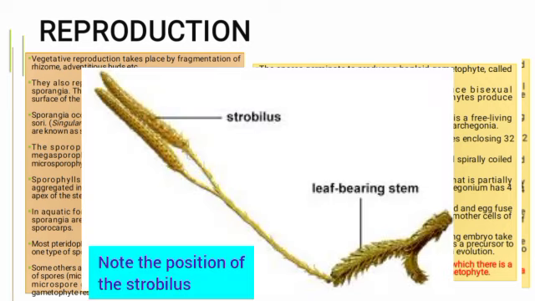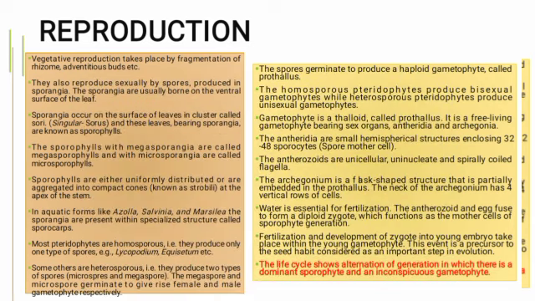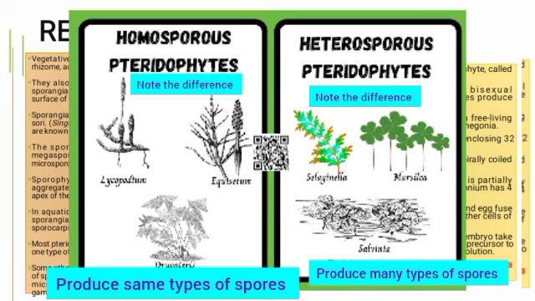In aquatic forms like Azolla, the sporangia are present within a specialized structure called a sporocarp. Now, most pteridophytes are homosporous, that is, they produce only one type of spore. Examples are Lycopodium and Equisetum.